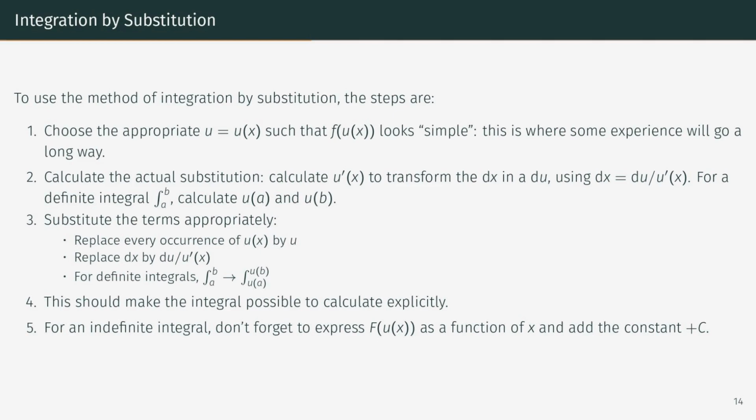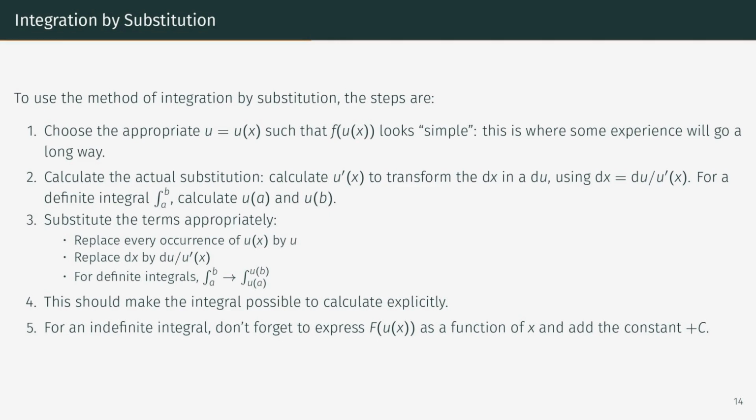3. We substitute the terms appropriately. So we replace every occurrence of u(x) by u. We replace dx by du over u'(x). And for definite integrals, we adjust the boundaries of integration such that the integral from a to b becomes the integral from u(a) to u(b). 4.